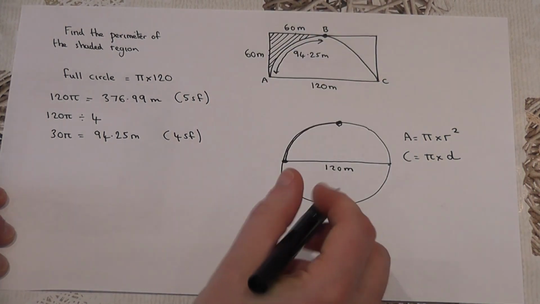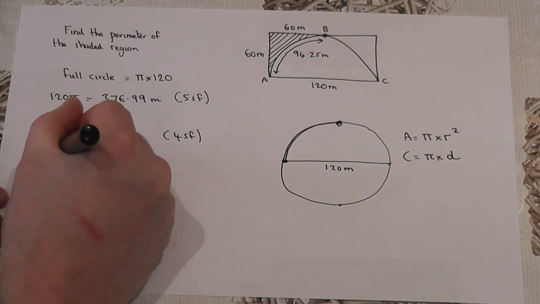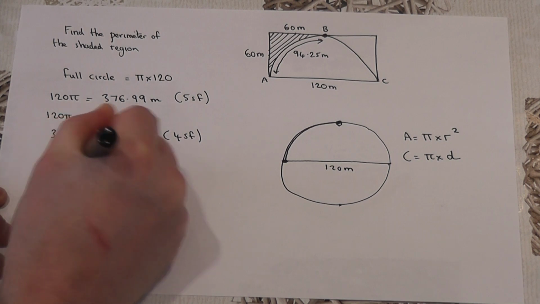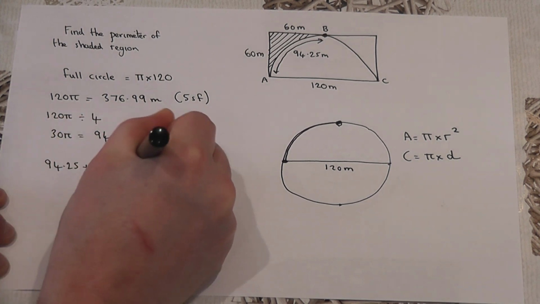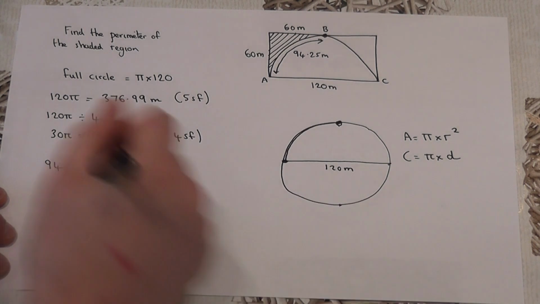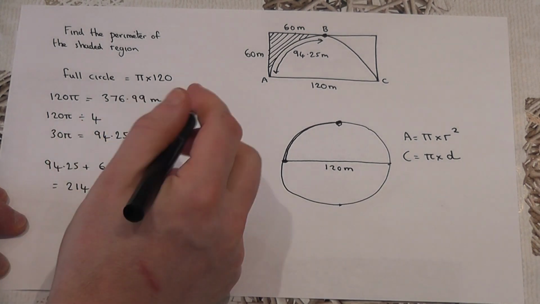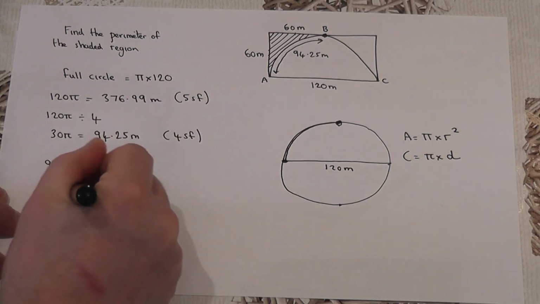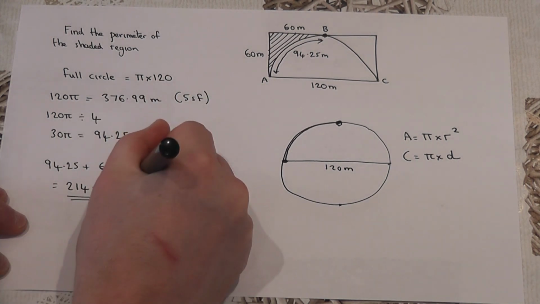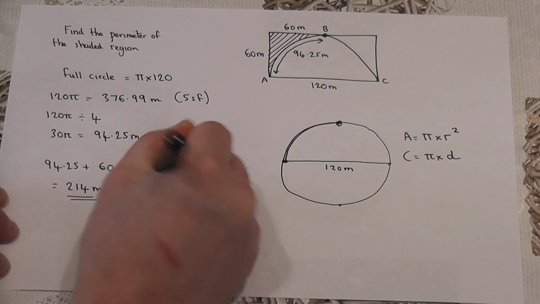So the full perimeter of the shaded region has got to be 94.25 plus 60 plus 60, which ends up being 214 metres, rounded to 3 significant figures.